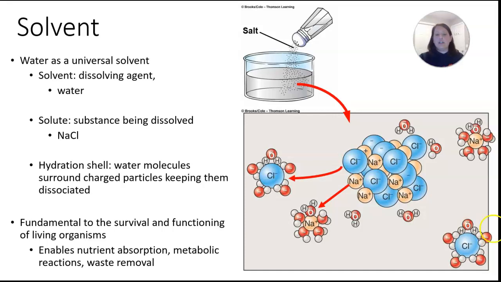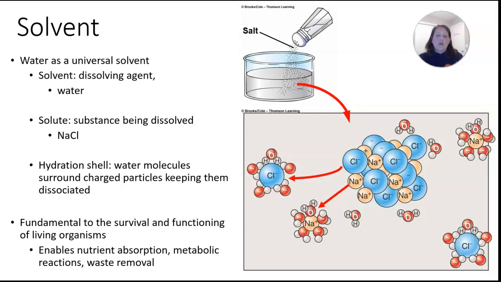And so what is a hydration shell? We've got it shown here. Okay, so here is one hydration shell around this chloride anion, and here's a second hydration shell around this sodium cation, and so on and so forth. And so the hydration shell is water molecules surrounding a particular, in this case, ion, and keeping them separated from each other. And so why does this happen? Because water is polar, and because these are charged ions.